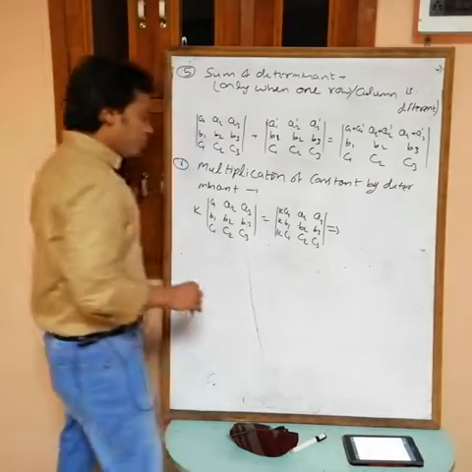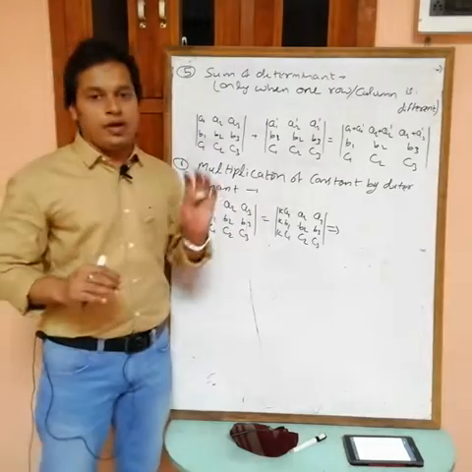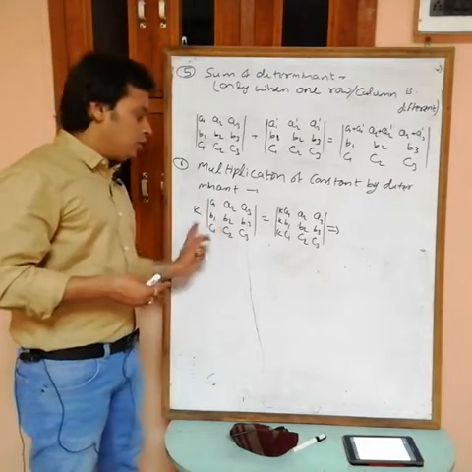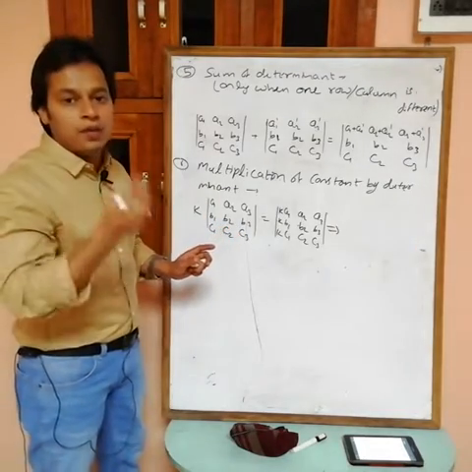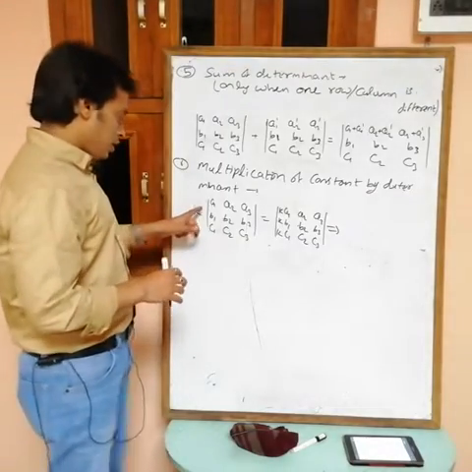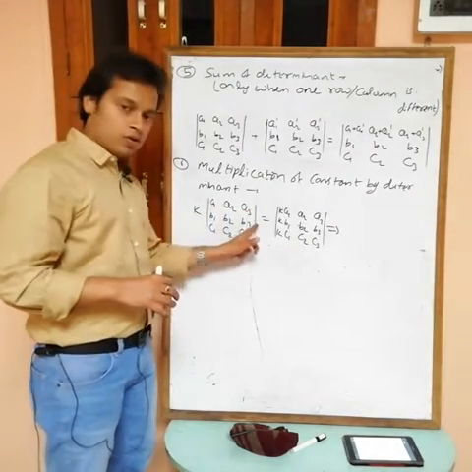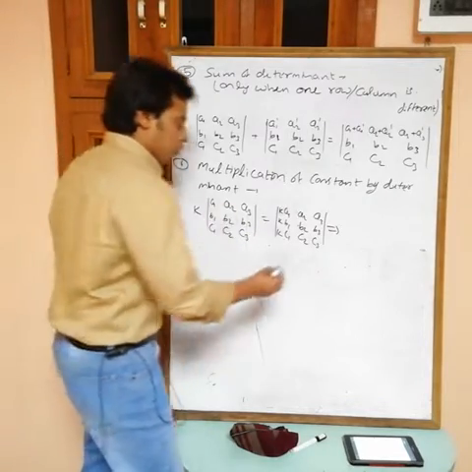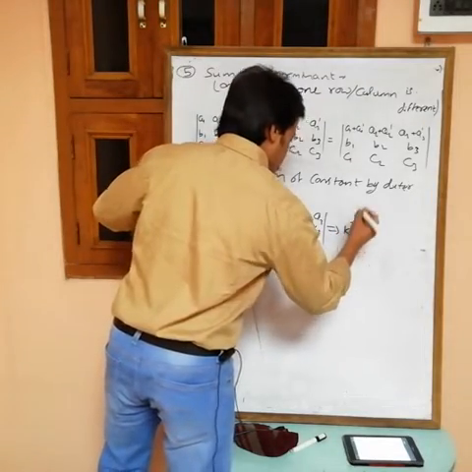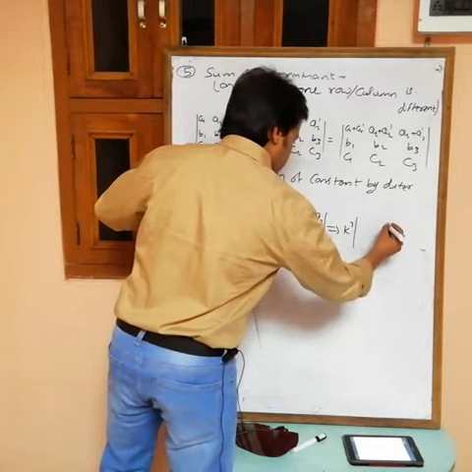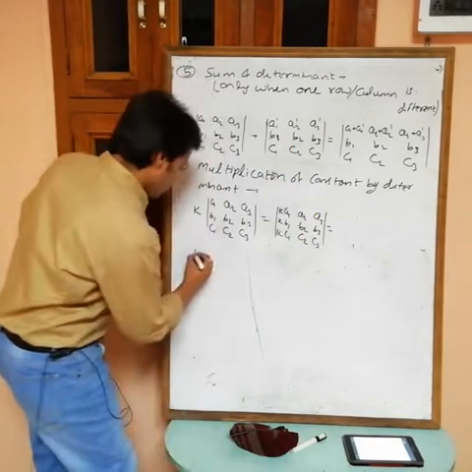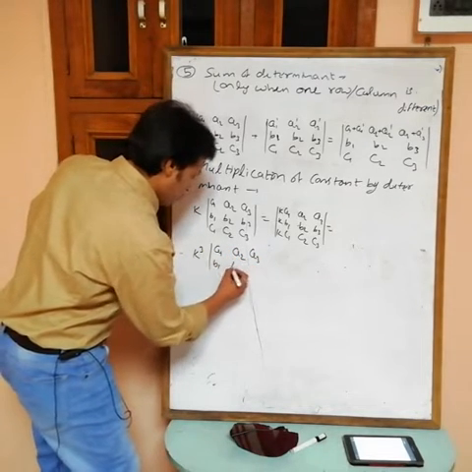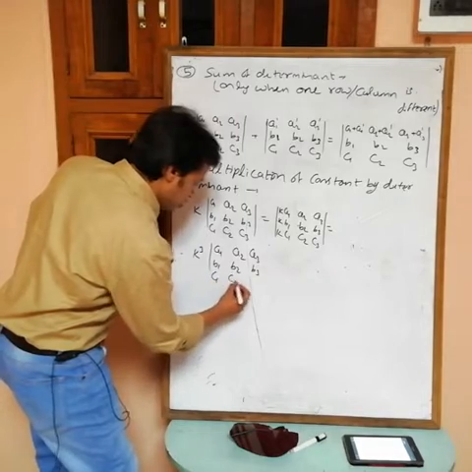Okay, if you want to multiply k with all the elements, then how many rows do we have? We have 3 rows. Then you want k power 3: one k for the first row, one k for the second row, and a third k for the third row. So k power 3 into this determinant, k power 3 a1, a2, a3, b1, b2, b3, c1, c2, c3.